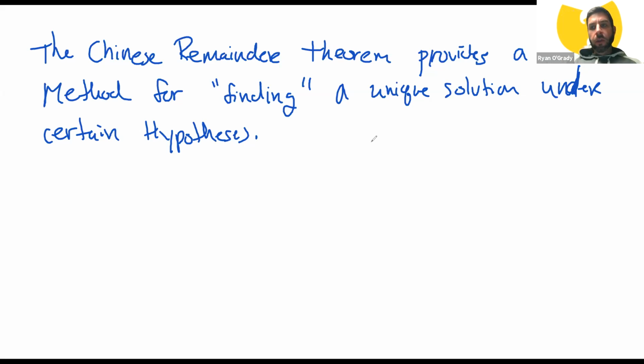That we know that a solution exists and is unique for one congruence, given that there's an inverse. And in order for there to be an inverse, we had to have this idea of relative primeness going on as well.